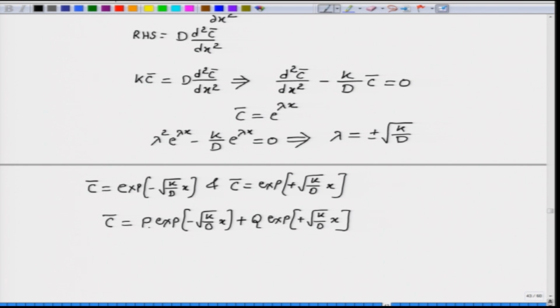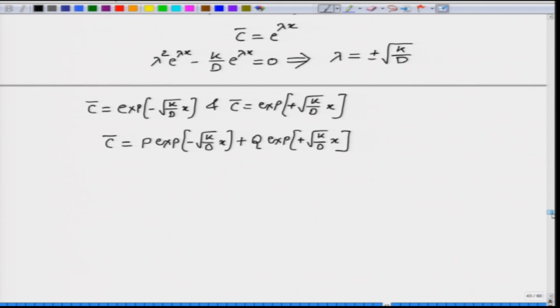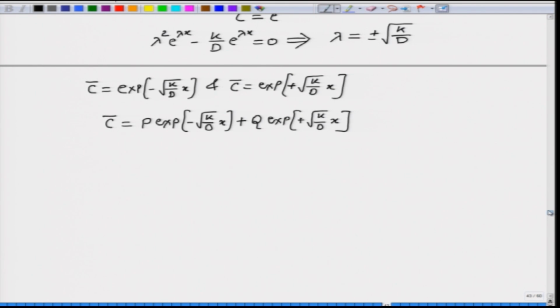Now, we need to find out the values of these constants p and q. We can determine one of them straight away based on looking at our boundary conditions. Now, what happens here if x is infinity? The first term will tend to 0, but the second term will tend to infinity, right.